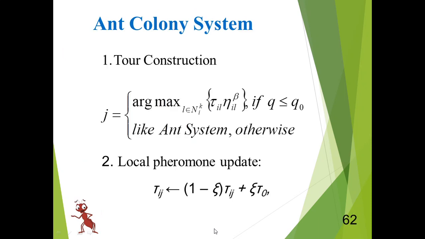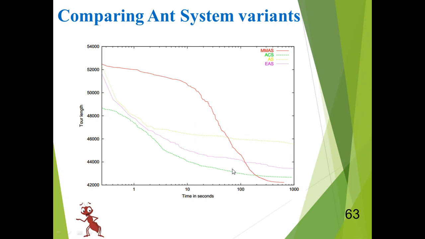Ant Colony System tour construction: this J like Ant System, otherwise, the max. And number two, local pheromone update by this calculation. This is the chart of the time and tour length comparing the Ant System variants.